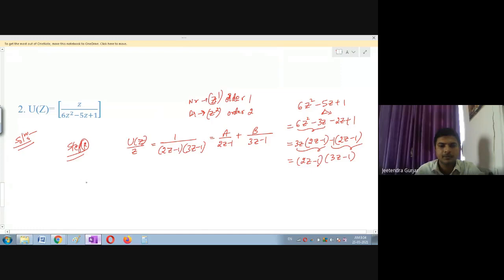Okay, so I will tell you the hint also. I want to find A now. So to find A, what do I have to do? I will first rearrange this. So 1 is equal to, I will take the LCM. Please, students, you should know LCM now. I will just cross multiply. 3z minus 1 I will multiply here, and here I will multiply 2z minus 1. So therefore I will write this as A into 3z minus 1.